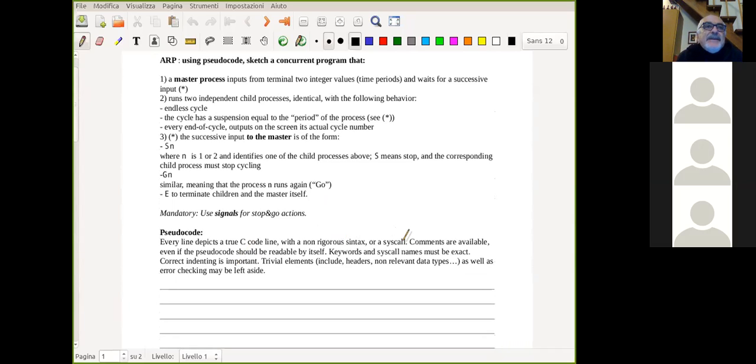In general, the pseudocode mimics or is very similar to the real code, but dropping non-essential parts. So you don't write the prefix includes or data types. It is not necessary to detail data types if not relevant.